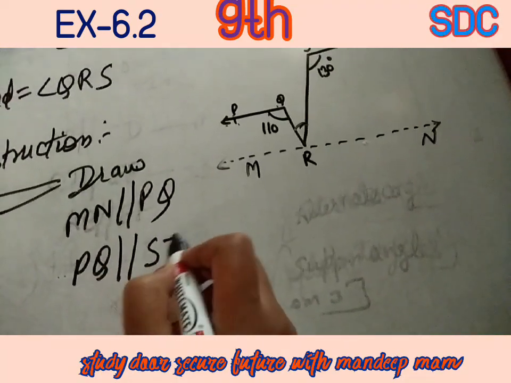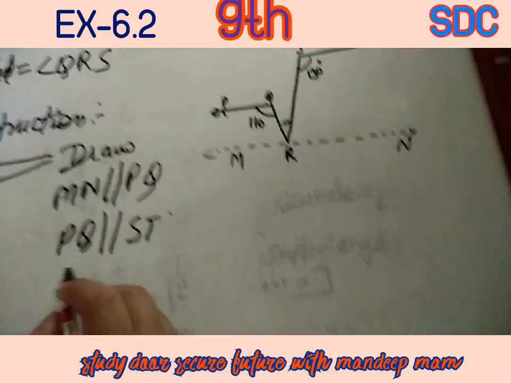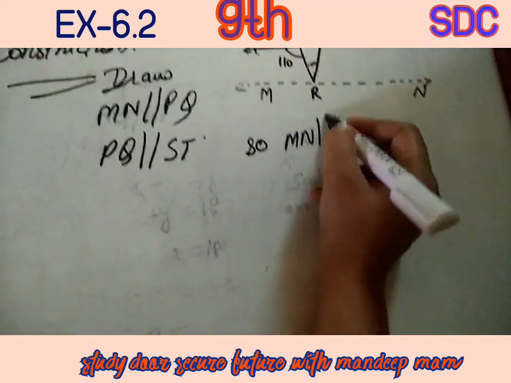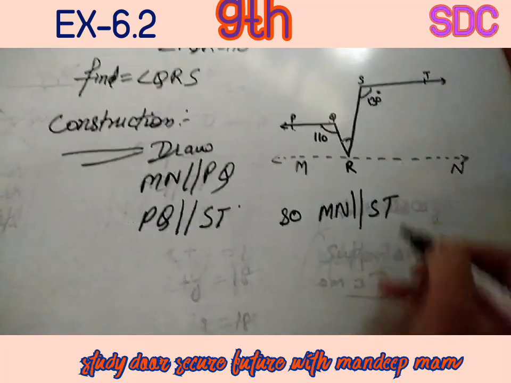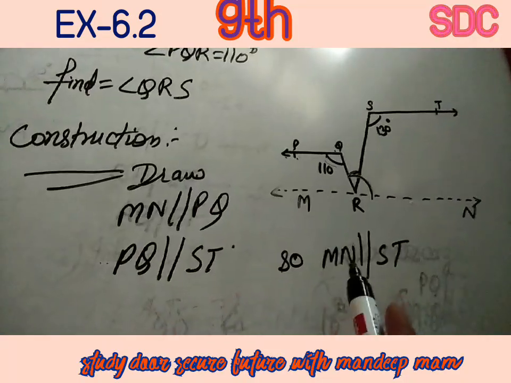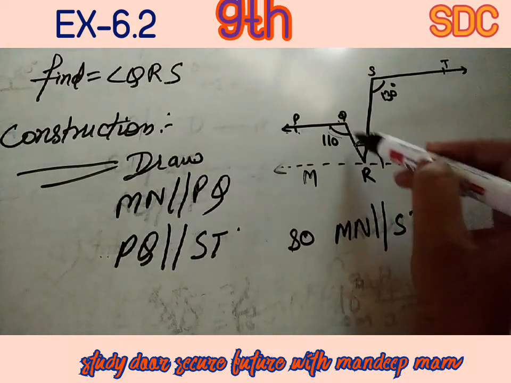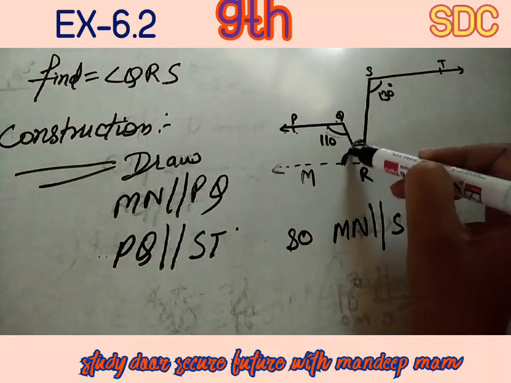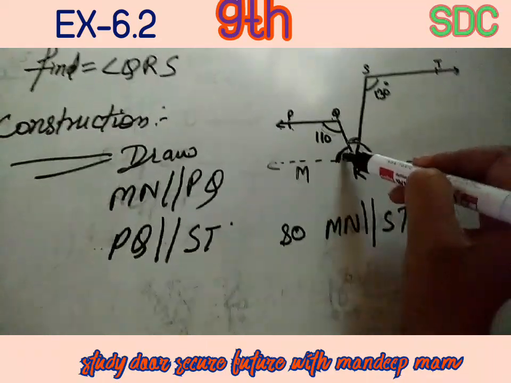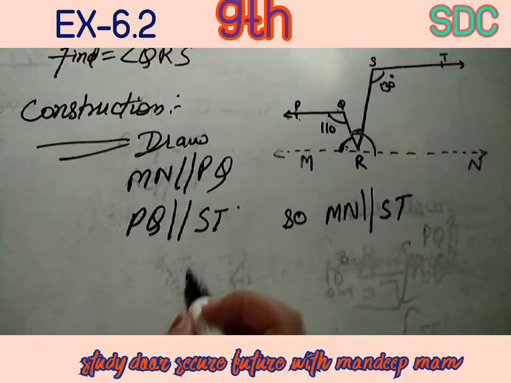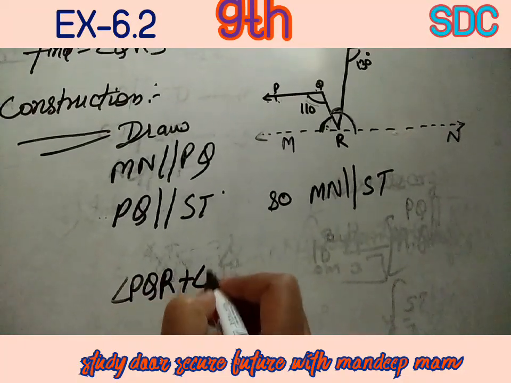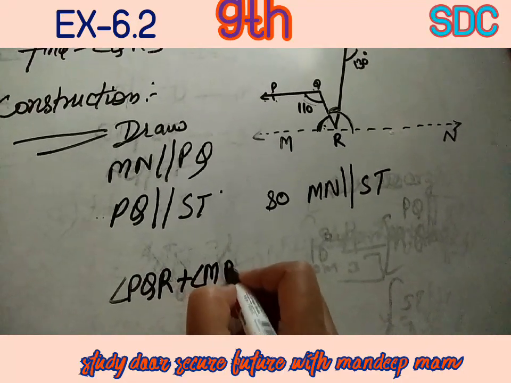We know PQ is parallel to ST, so MN will also be parallel to ST. Now we know that these two angles are supplementary angles, so the sum of these two angles will be 180 degrees. The first angle is our PQR, and the second is MRQ.